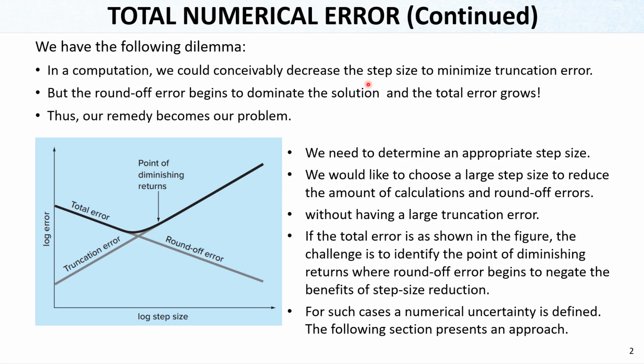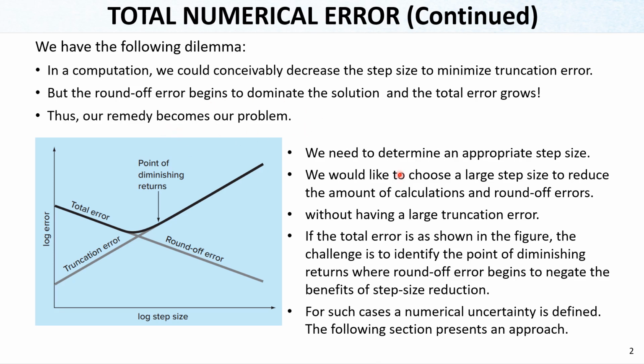So the solution is decreasing the step size to minimize truncation error. But as we said, decreasing step size will increase the computations, and the increase of computations will increase the round-off error. And at some point, you can see here in a figure, the round-off error will be more dominant than the truncation error. So this is a problem.